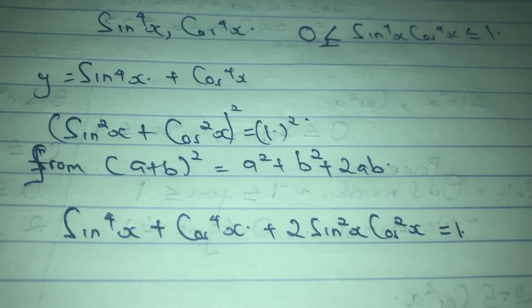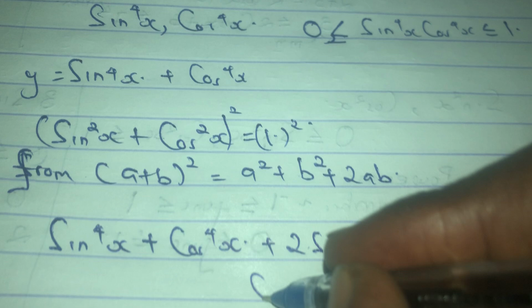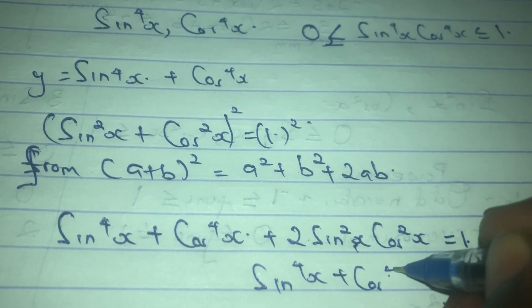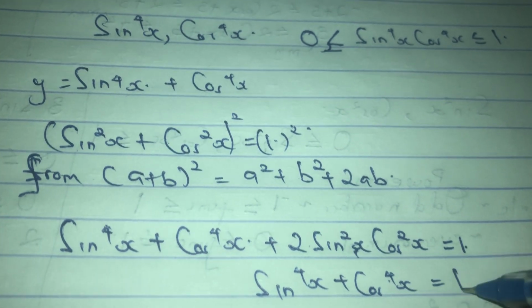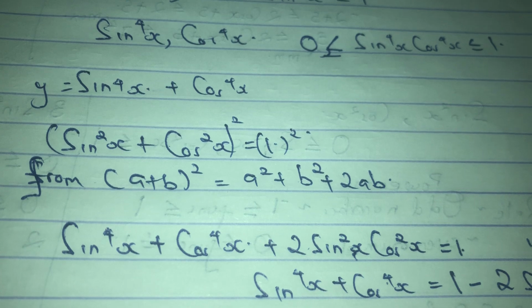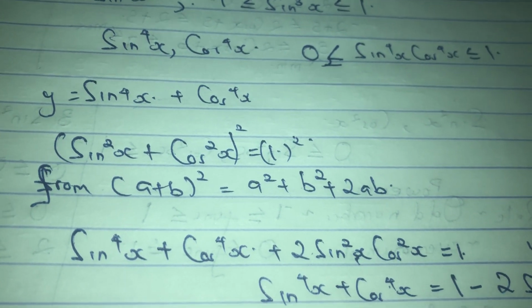All right, together. So this moves to this side, and we remain with sine 4x plus cos 4x equals 1 minus 2 sine squared x cos squared x.